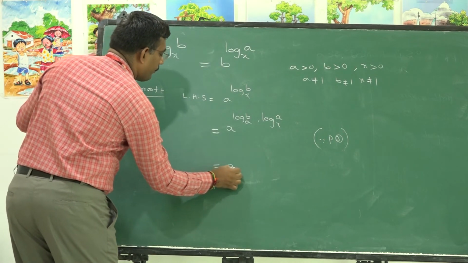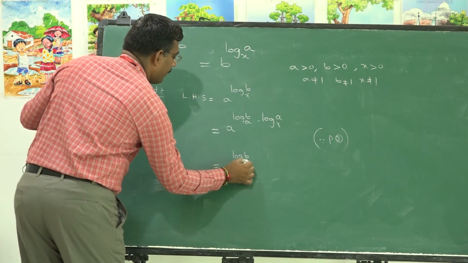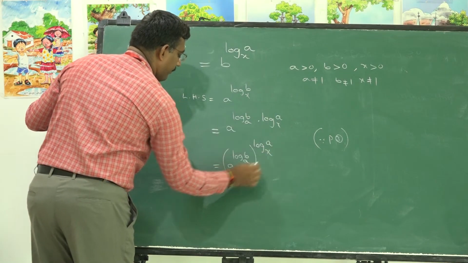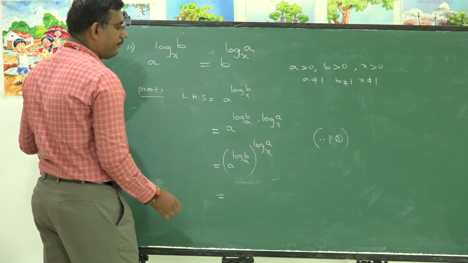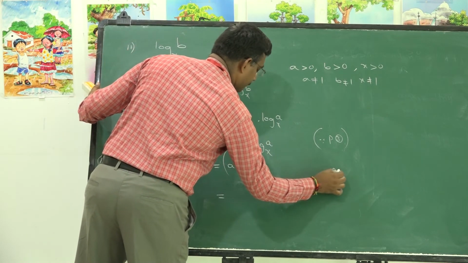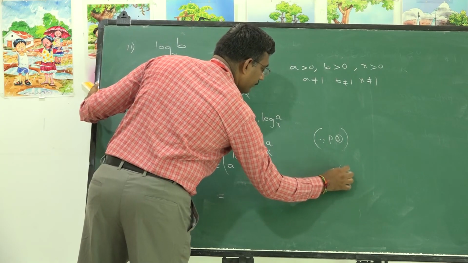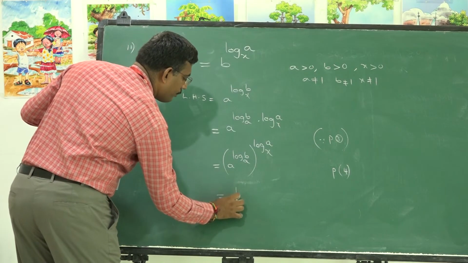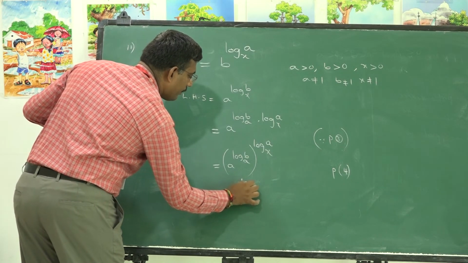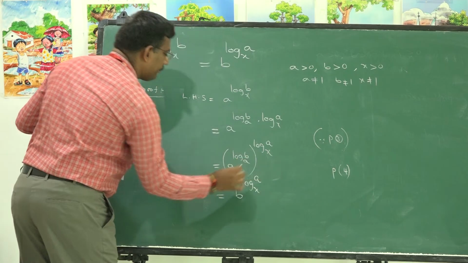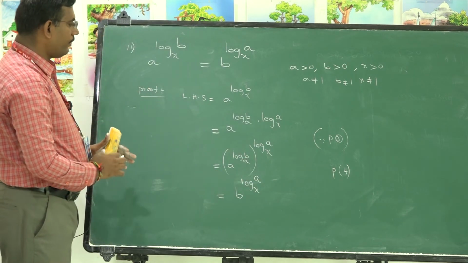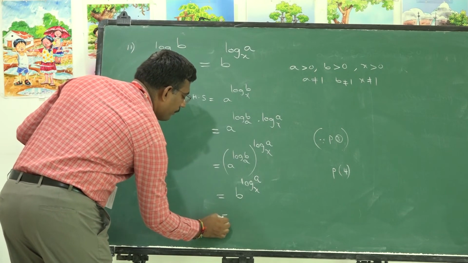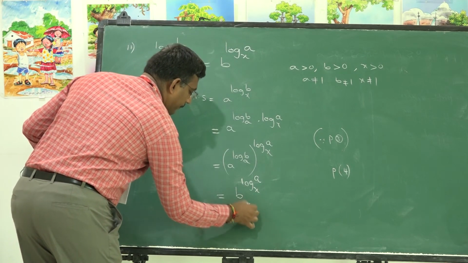That is equal to a power log b base a, whole power log a base x. Now we use property number 4. A power log b base a is equal to b. So b power log a base x. Therefore a power log b base x is equal to RHS.